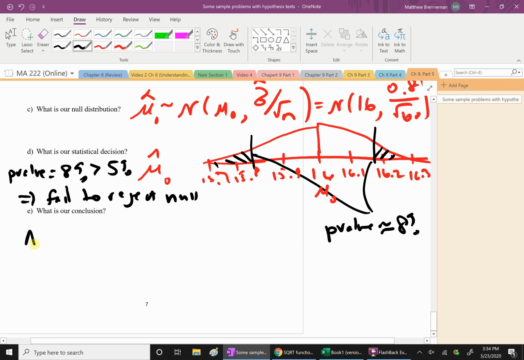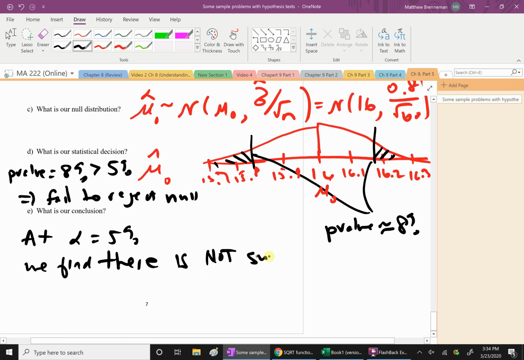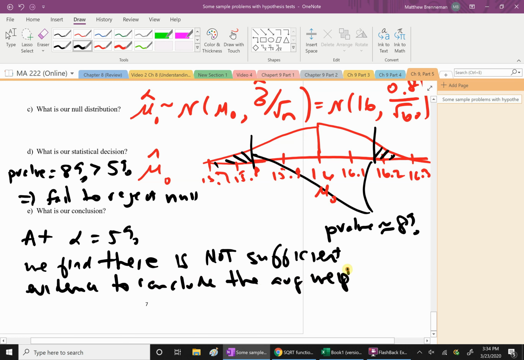So what is our conclusion? Well, we would say at alpha equal to 5%, we find there is not sufficient evidence to conclude the average weight of Bardo's loaves is not equal to 16 ounces.